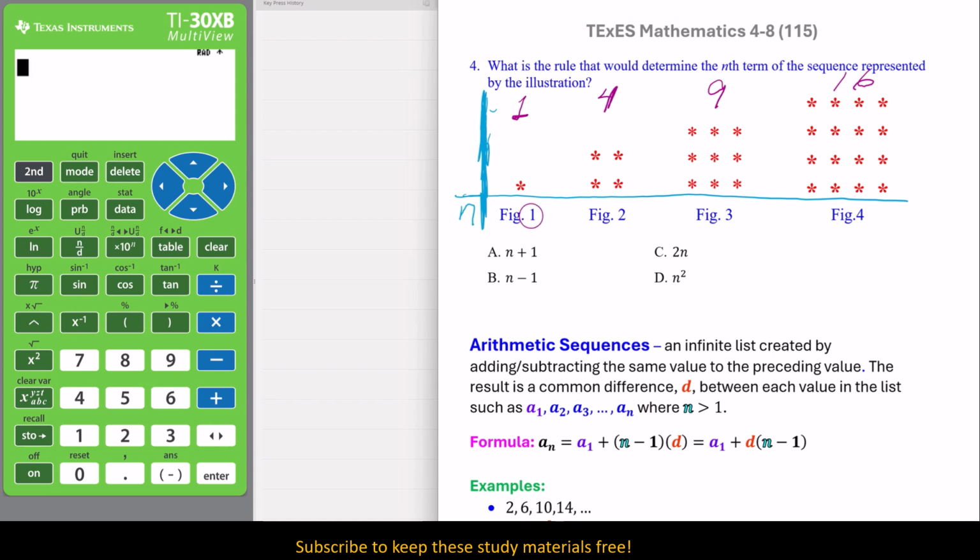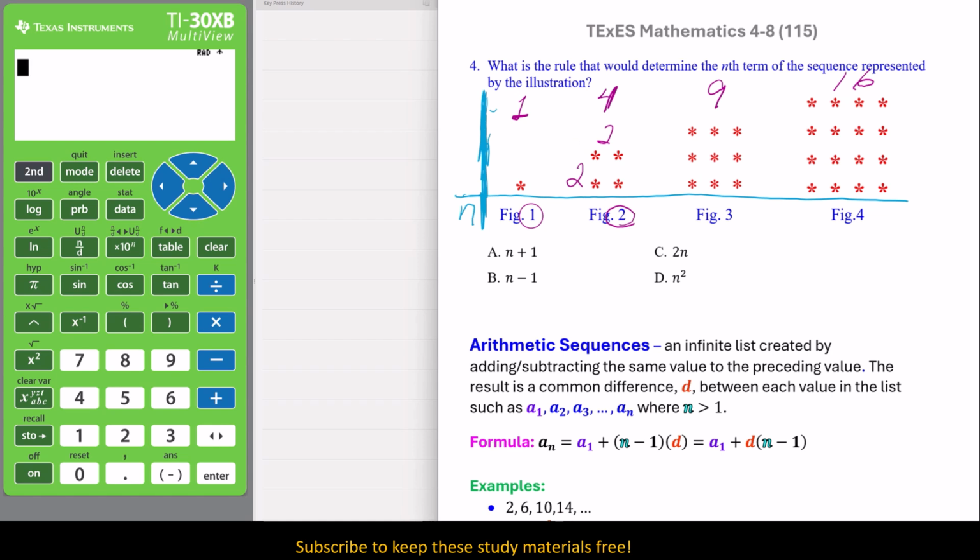Well, 1 times 1 is 1, but 1 plus 0 maybe doesn't quite make sense. But if you look at n equals 2, I see 2 rows and 2 columns.